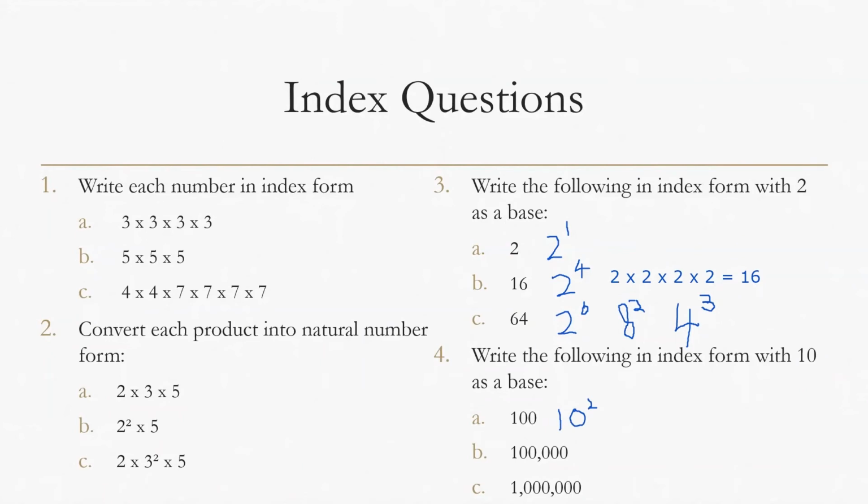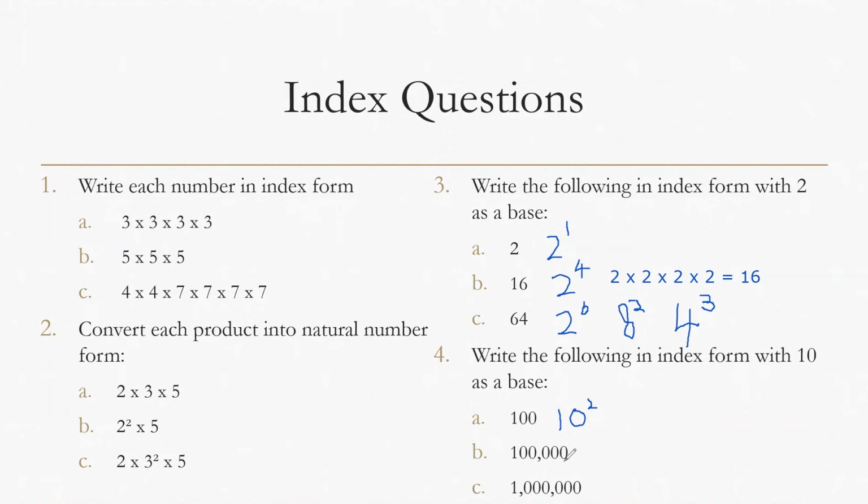How about for B? Who wants to give that a shot? Shania? Go ahead, Shania. 10 to the power of 5. How do you read this number?